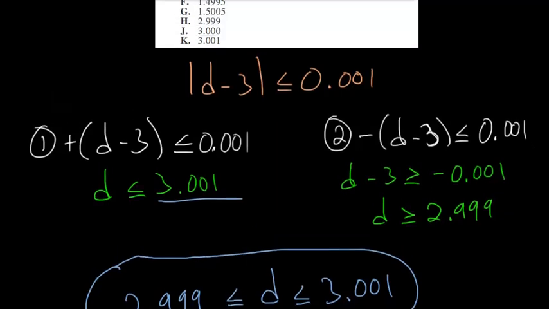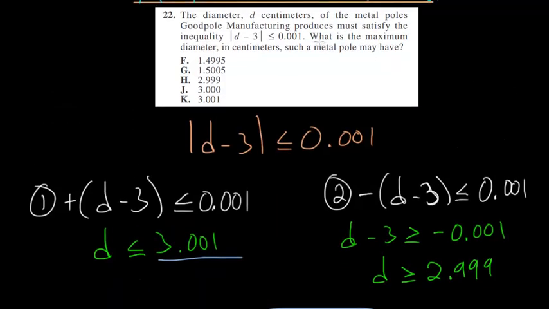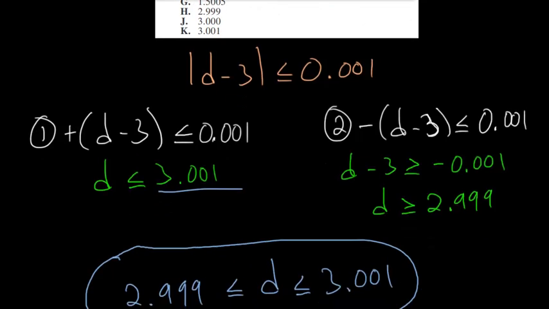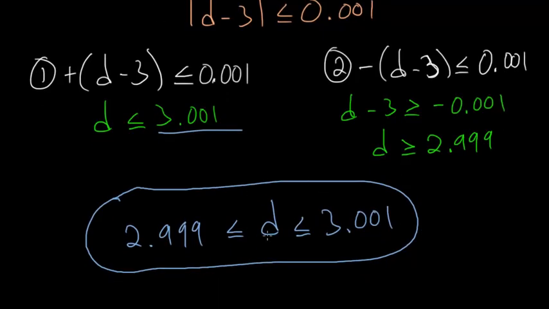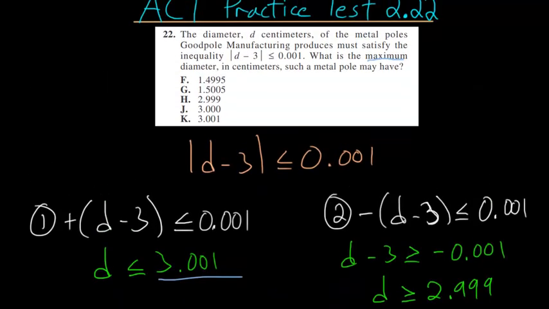Let's go back up to our question. What is the maximum diameter in centimeters such a metal pole may have? The maximum, or the largest value that d can take on, would be this 3.001. And you can see that is choice letter K here.